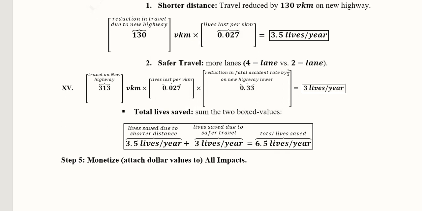Now we get 6.5 lives per year. This is the total lives saved. It is an approximate value. This is why we can see it is 6.5 and not a whole number where we can say that 6 lives saved or 7 lives saved. So it's an estimate, and even a single life saved is priceless.